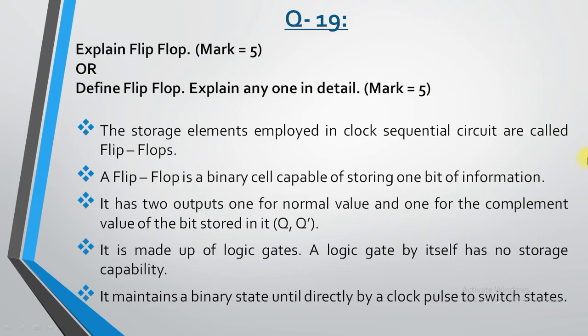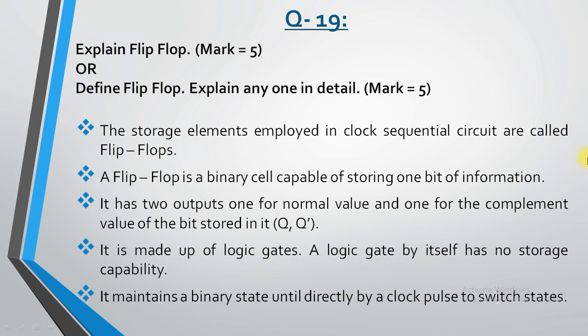A flip-flop is a type of sequential circuit. There are 2 types of circuit, one is called sequential and another is called combinational. With the sequential circuit, if you want to provide a storage element, which concept is used? The concept of flip-flop.